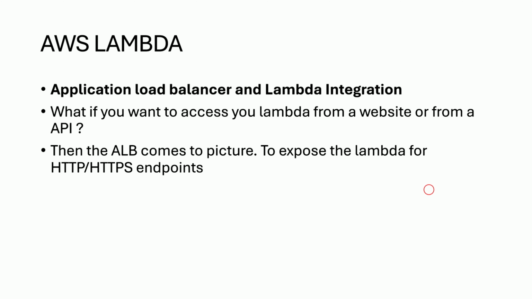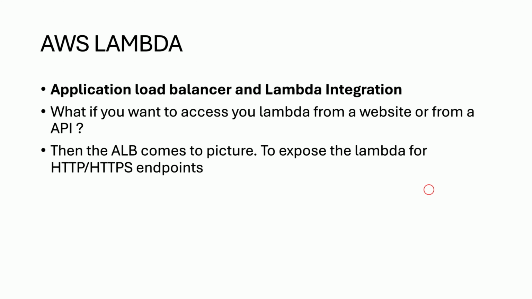So here we will expose Lambda as an HTTPS and HTTP endpoint by using ALB. So ALB will convert Lambda into an HTTP and HTTPS endpoint, right? So from the outer world we send HTTPS and HTTP, anything, a REST request.